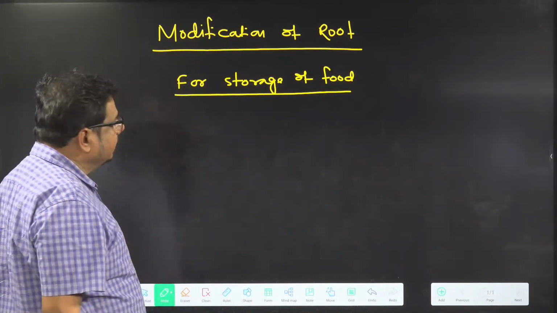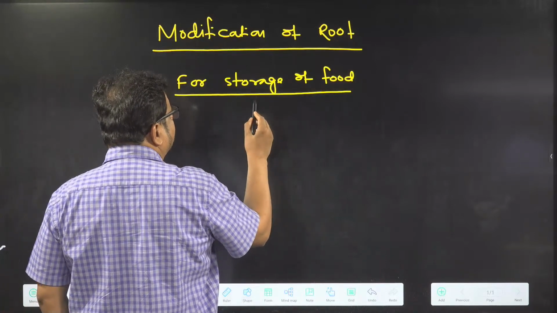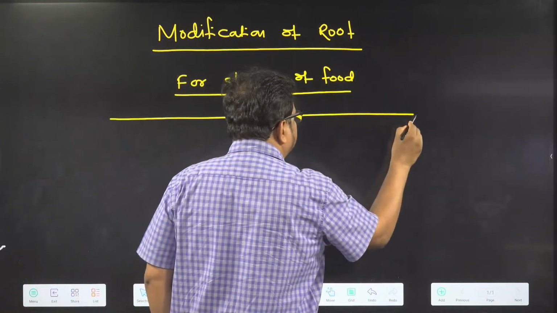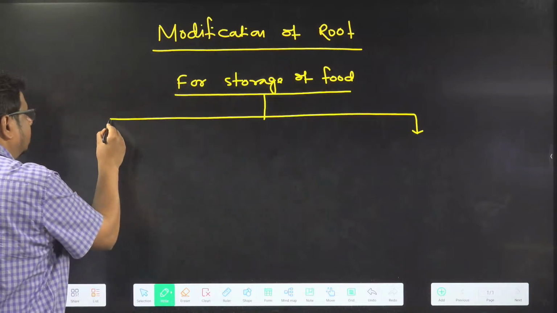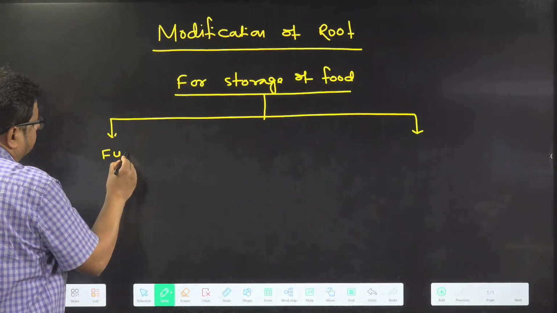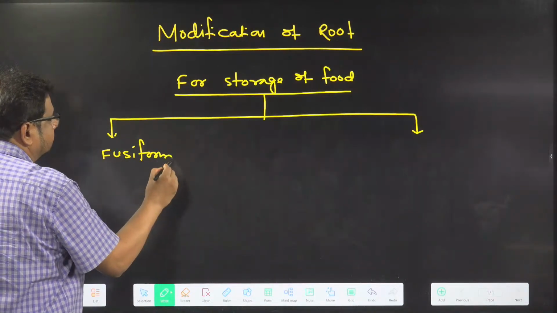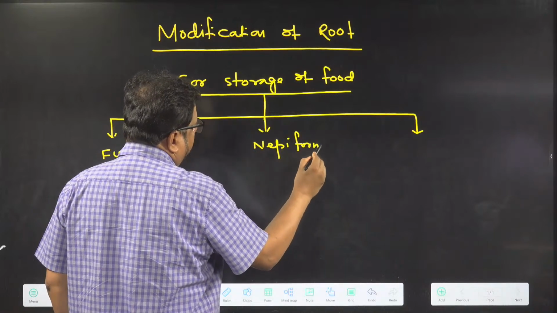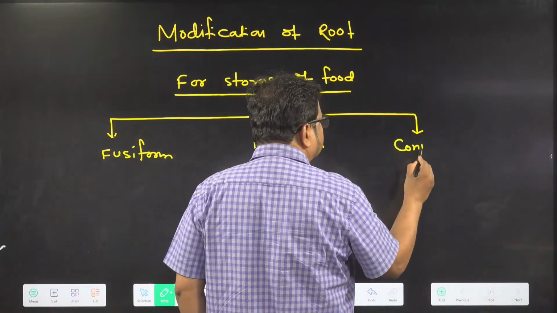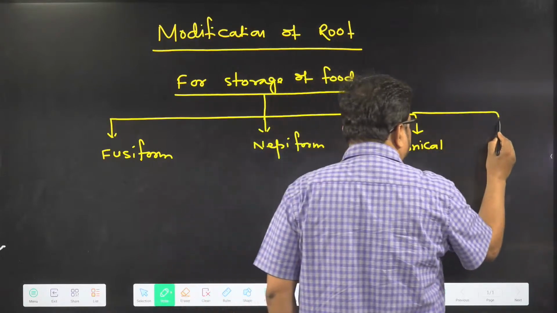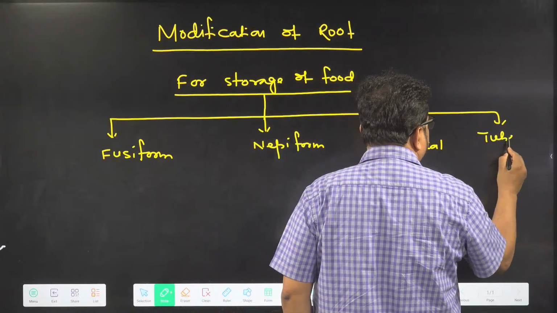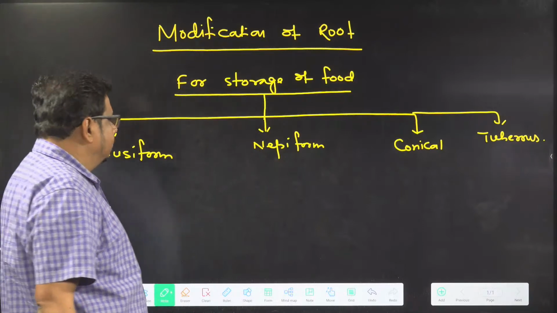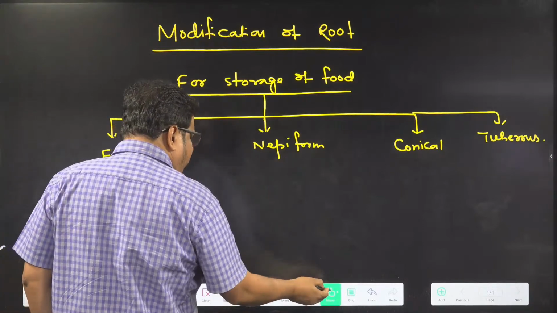For storage of food, we are going to deal with these particular modifications: fusiform, napiform, conical, and tuberous. So it is based on the shape.